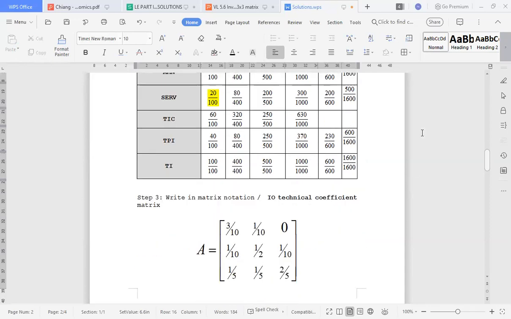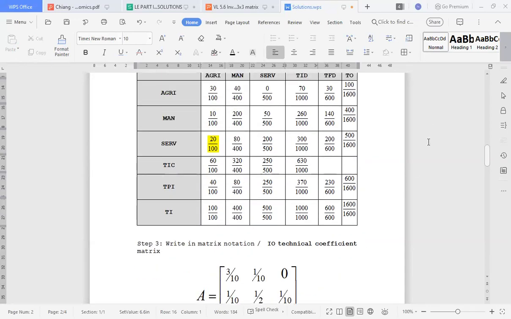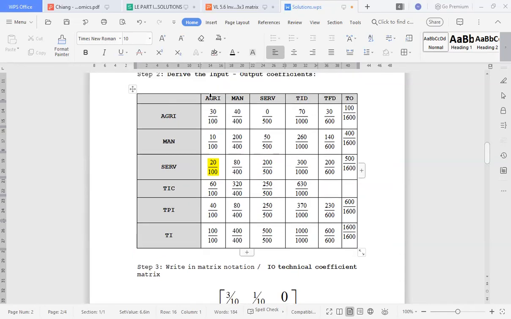That of the value of the input that is used by the agriculture class, 20% of it comes from services. Okay, so again, doing the same for agriculture, the value of the input that is used by agriculture, 30% comes from agriculture, 10% comes from manufacturing, and 20% comes from services.